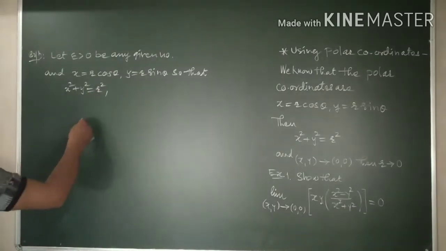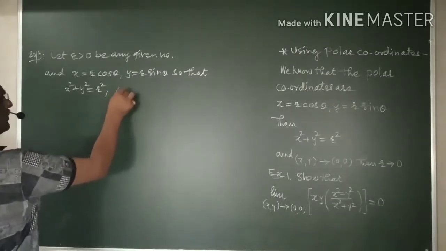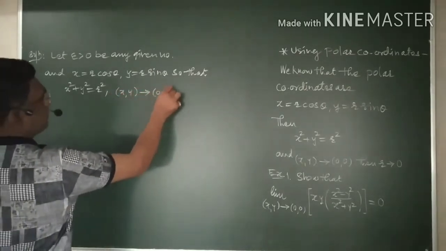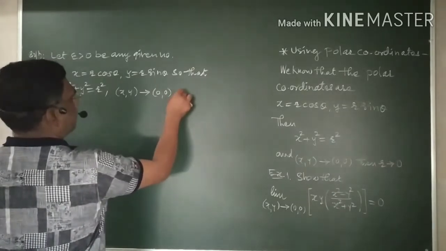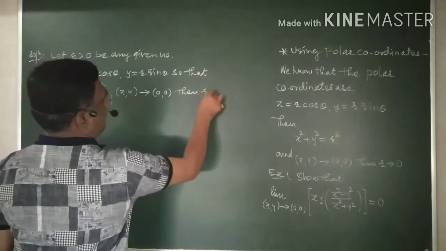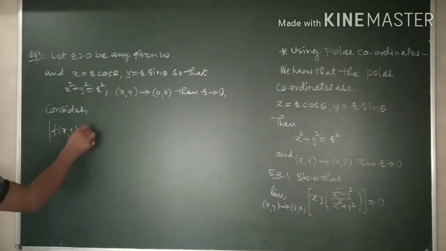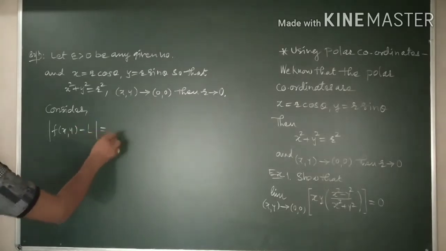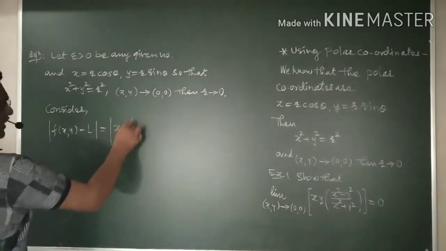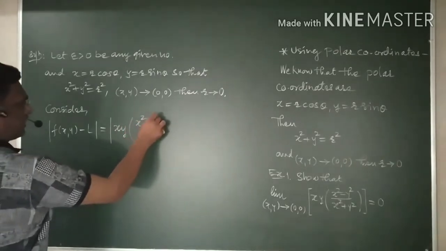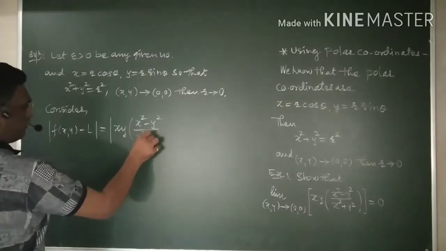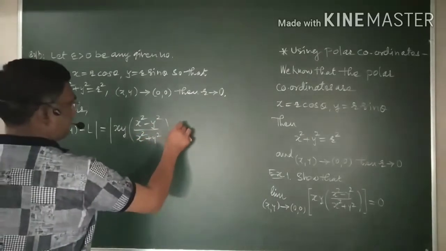Also, as (x, y) tends to (0, 0), r tends to 0. Now, let us consider the absolute value of f(x, y) minus l. Here, f(x, y) is xy into (x square minus y square) upon (x square plus y square), and l is 0.